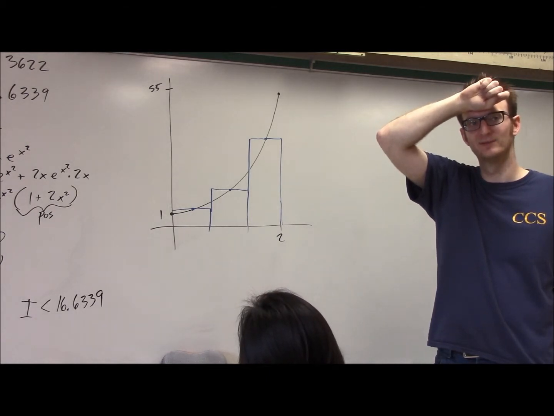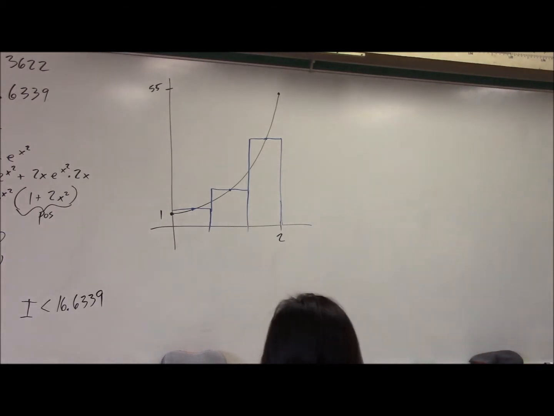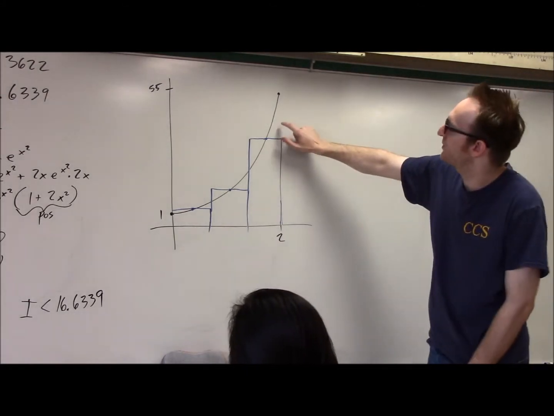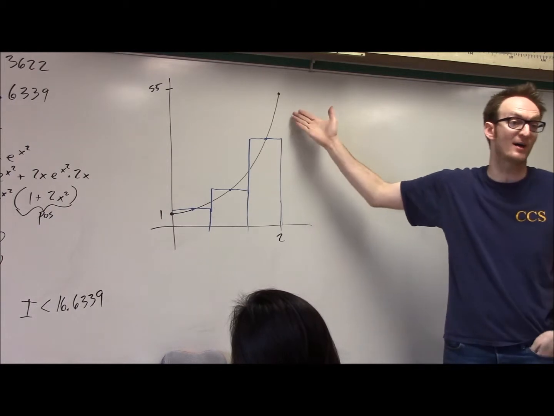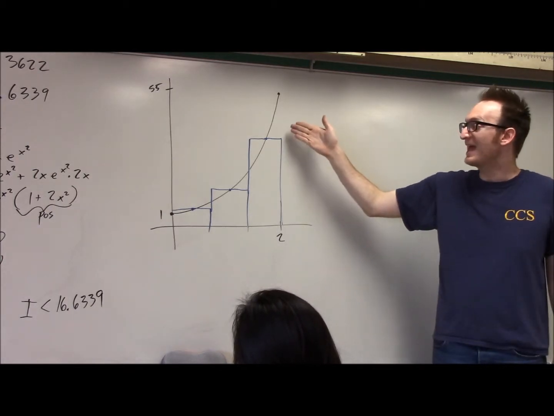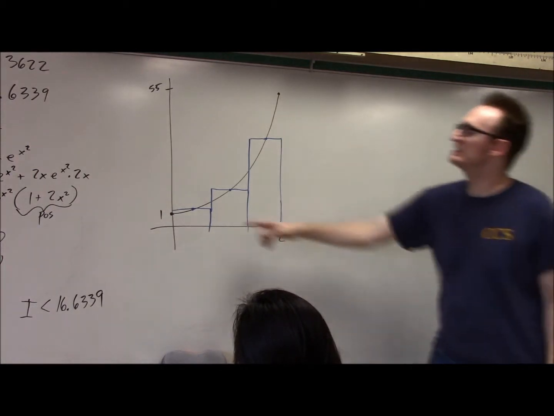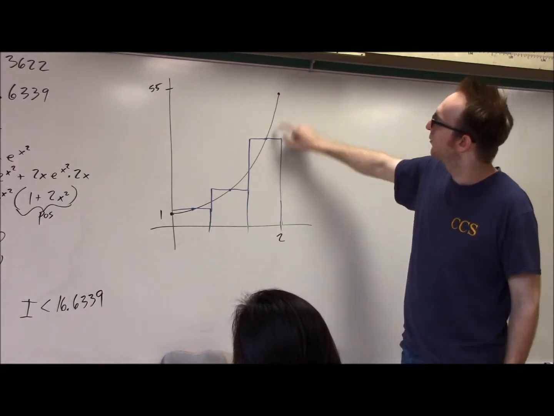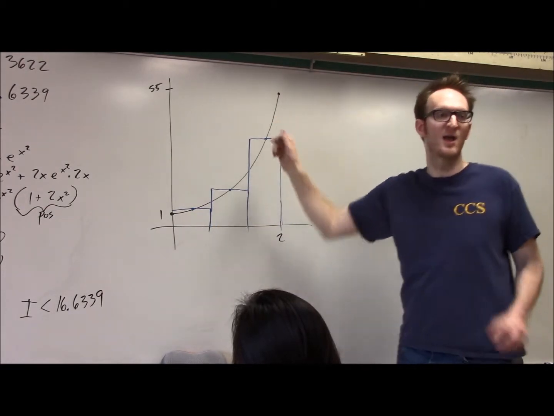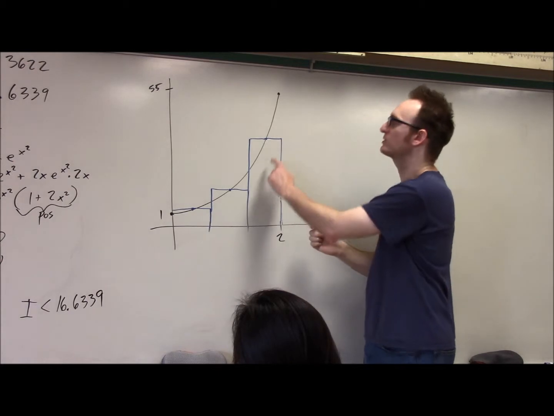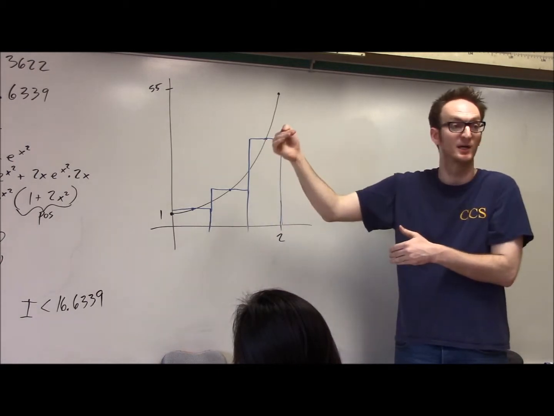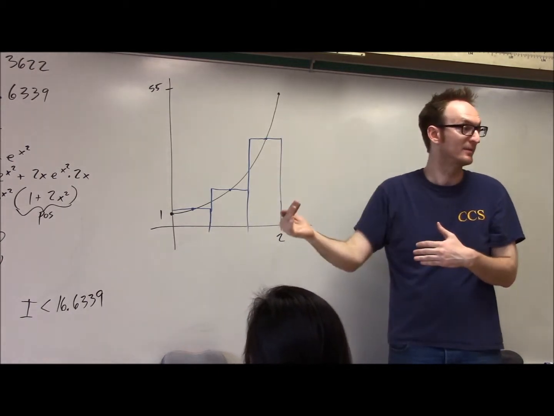Height is increasing. So the deep thing that's going on here is that this function is concave up. This picture works because this function is concave up. And since it's concave up, it means that the derivative is increasing. Since the derivative is increasing, the rate at which the function is getting bigger is getting bigger.